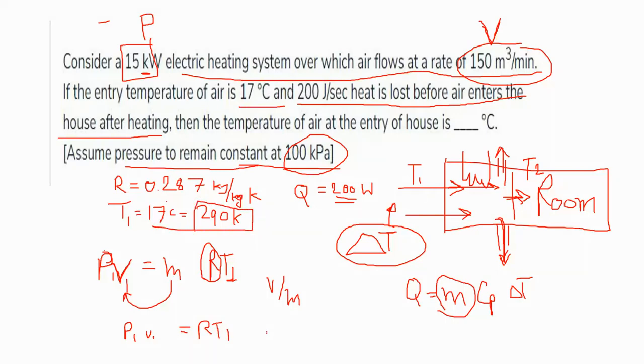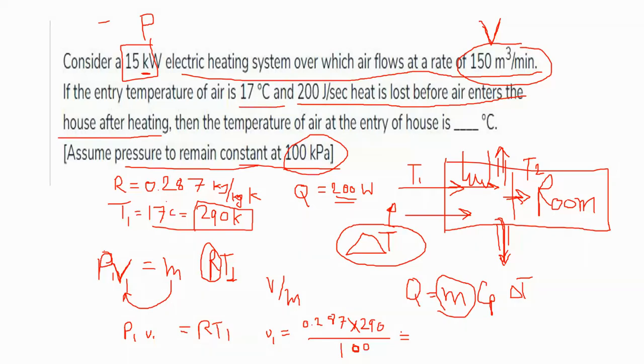So when we put all these values, we will have specific volume equal to 0.287 into 290 upon P1, which is 100 kilopascal. You have to be careful with units, because they might go wrong.